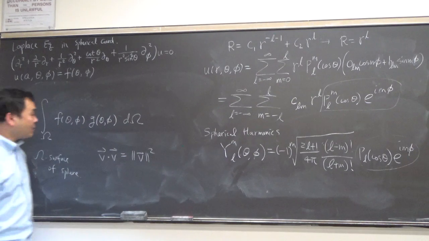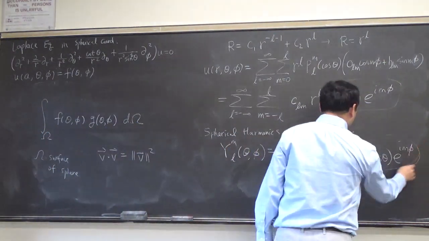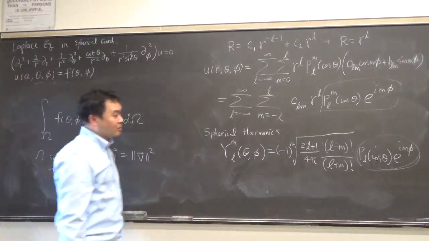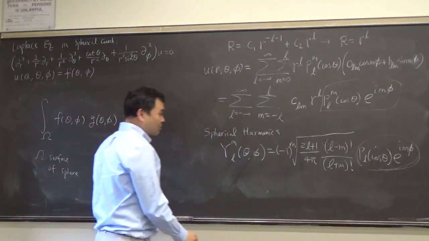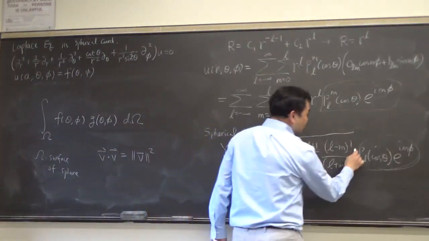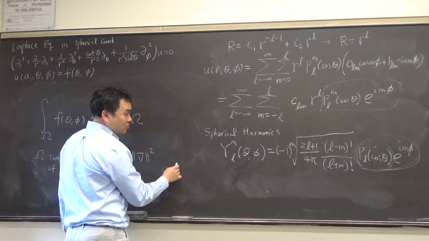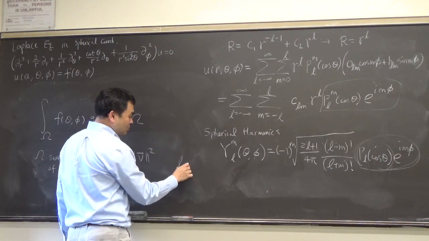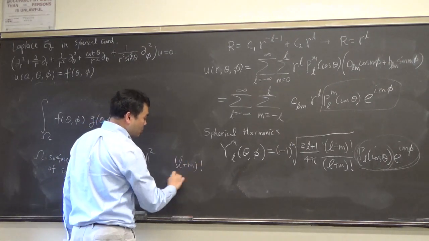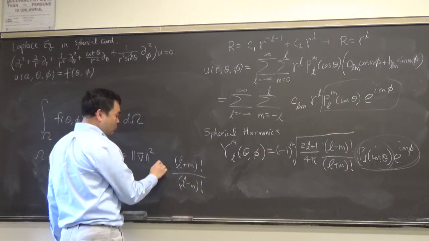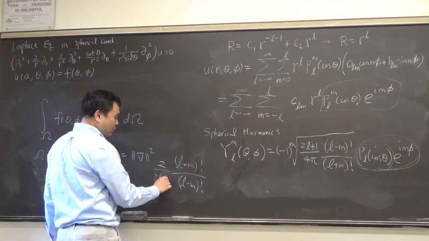So if you take this function right here and put it in here, then you get this integral. If you recall, what was the integral? The integral that I wrote down was (m plus n) factorial over (L minus n) factorial with the 2 over 2L plus 1, right?